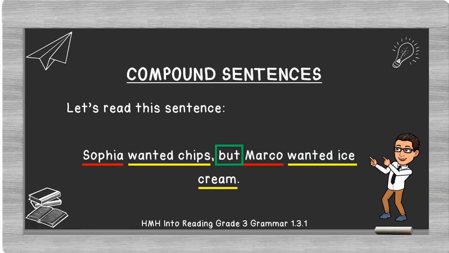So that tells me that we're going to tie another thought into this. And then we have another subject, Marco. And what did Marco want? Marco wanted ice cream. So this is a compound sentence because it's two sentences tied together with the conjunction but. Sophia wanted chips, but Marco wanted ice cream.